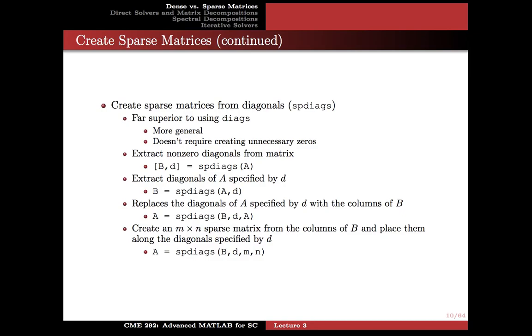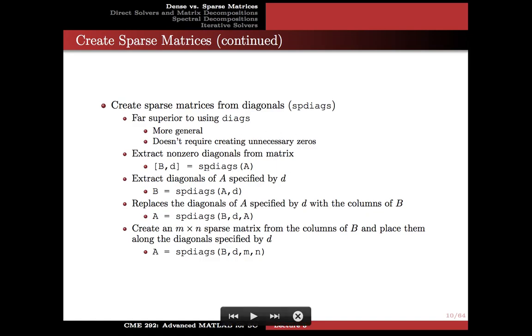Lastly, one of the most useful is going to be to create sparse diagonal matrices. We want to avoid using the diag command, as we did in the prior video, because we saw that the storage required is gigantic. To create a sparse diagonal matrix, which is desirable, there are several commands that you can use.